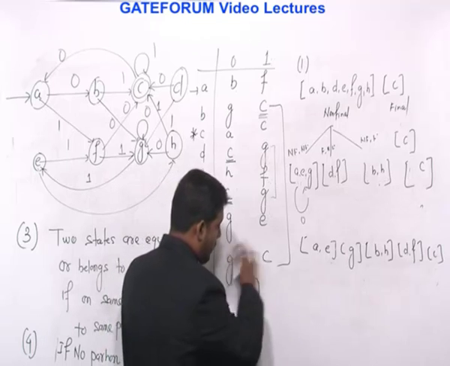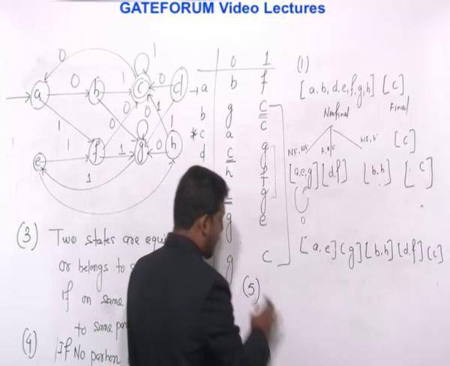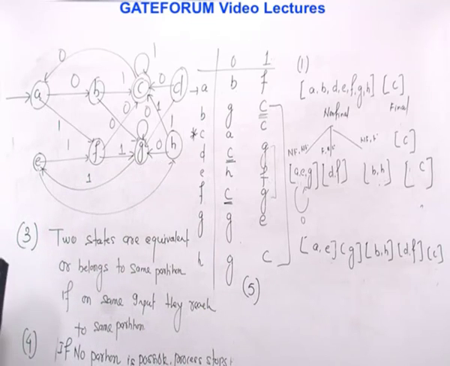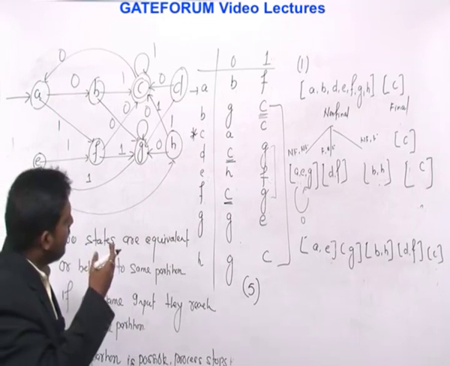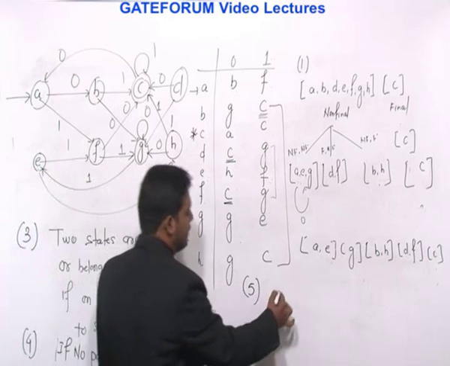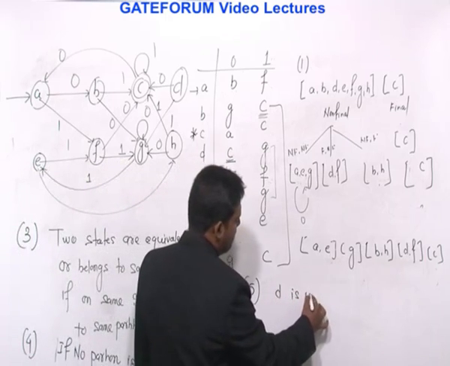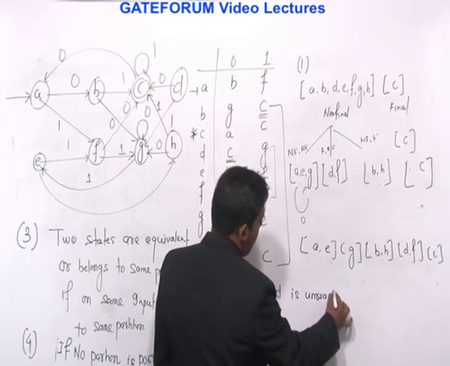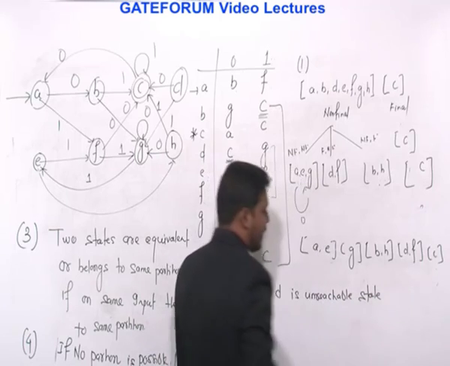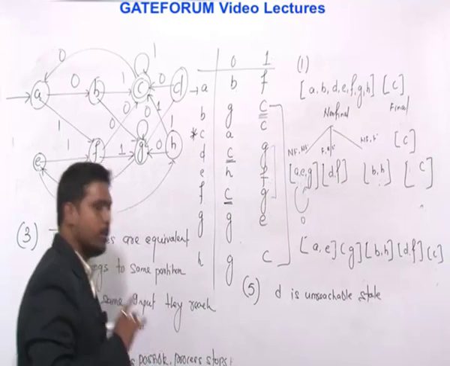It may be possible that you can do this at the beginning also, or at the end you can verify this situation. If you examine D, D is an unreachable state, and if some state is unreachable, then you can remove it.